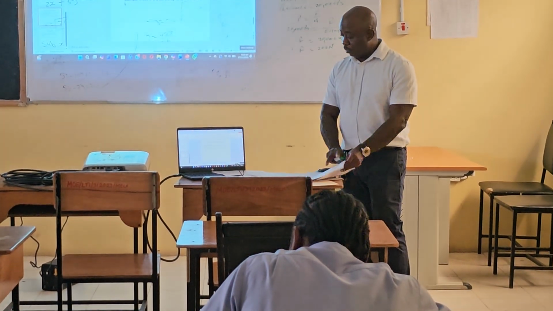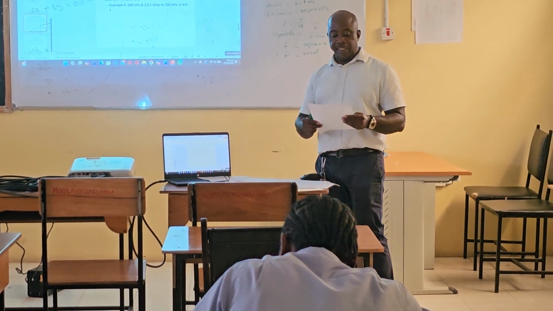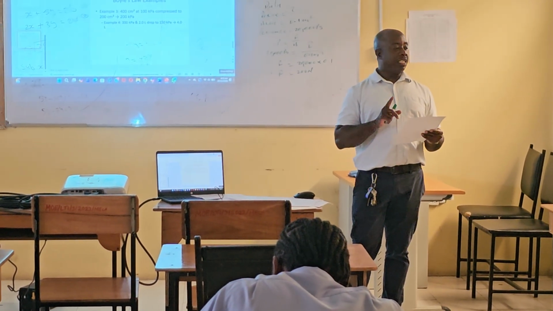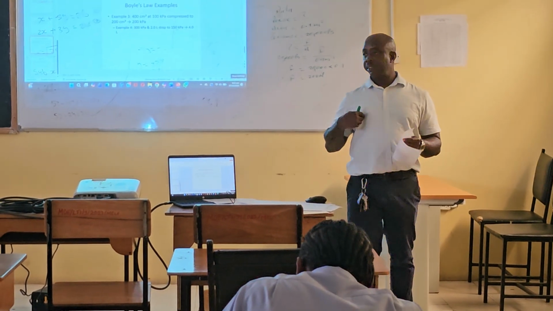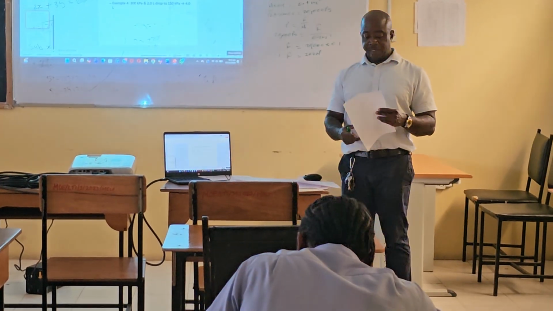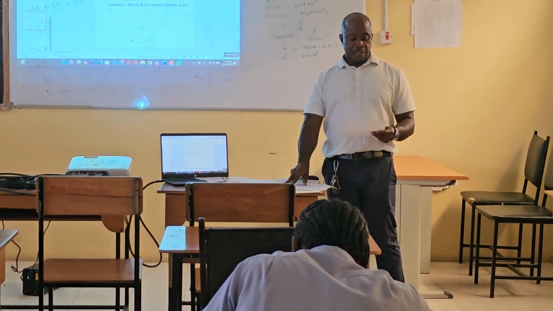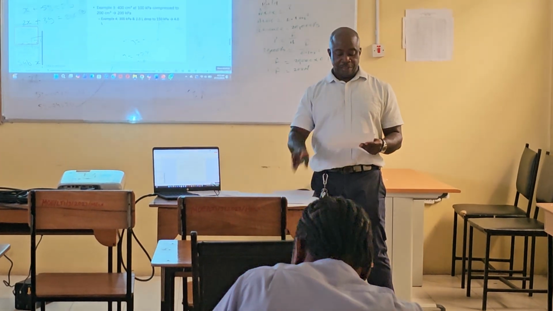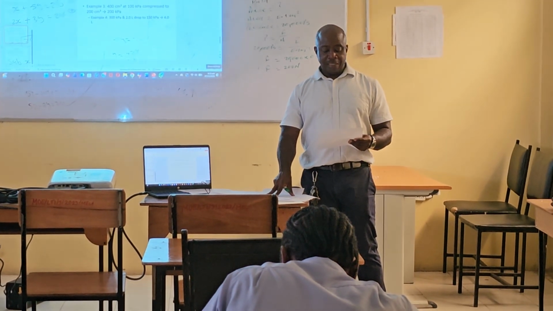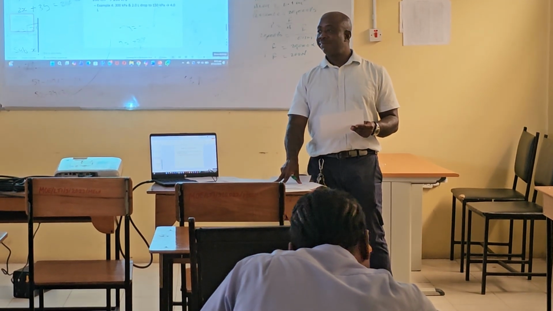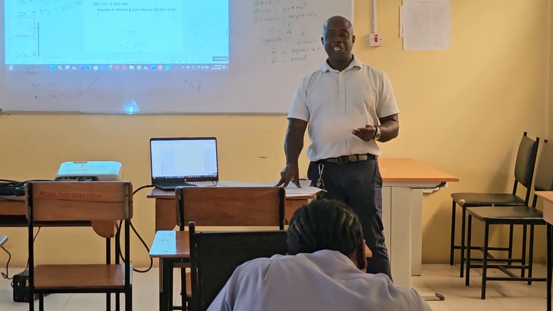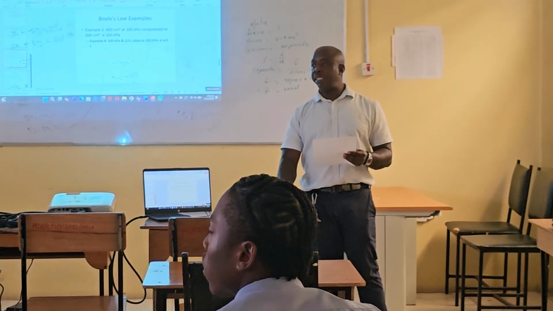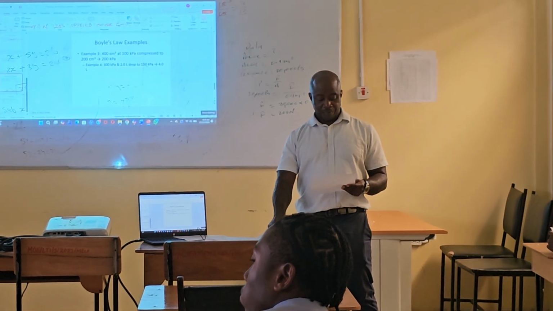Then when you finish with that, you can state the formula for pressure and its SI unit. Then tell me why a sharp chisel works better than a dull one. You understand that?